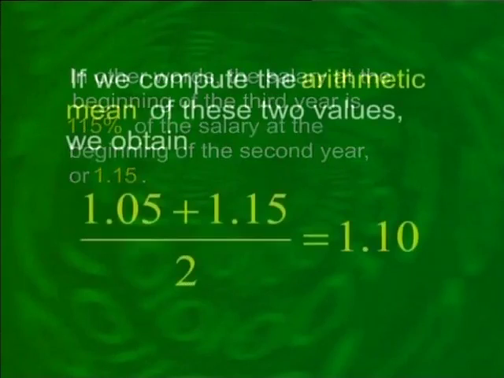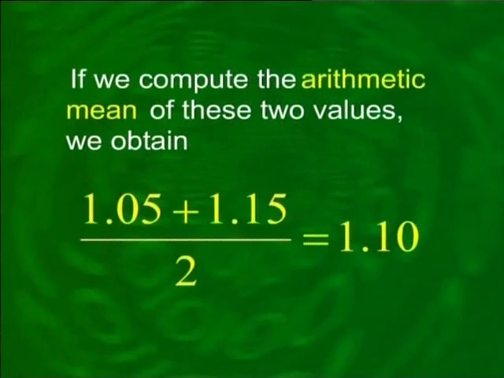1.15. Now, students, if we compute the arithmetic mean of these two values, we obtain (1.05 + 1.15) divided by 2, and that is equal to 1.10.